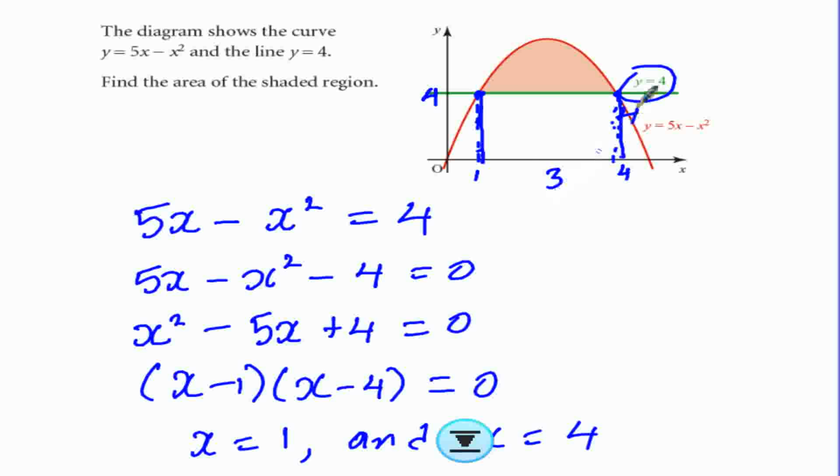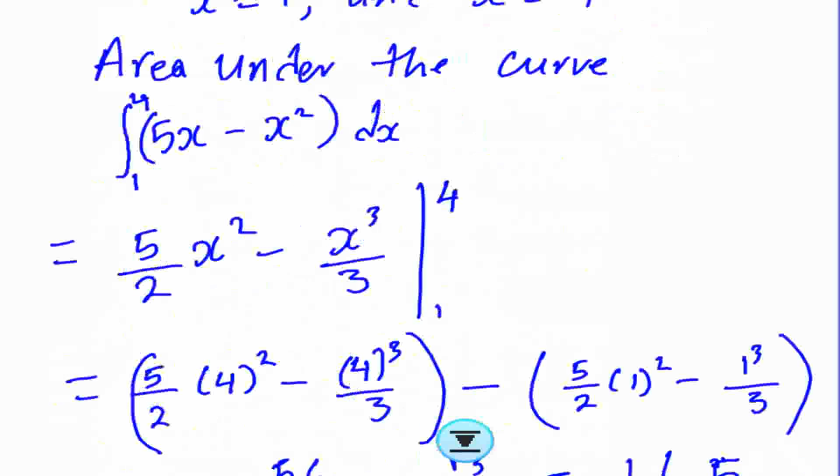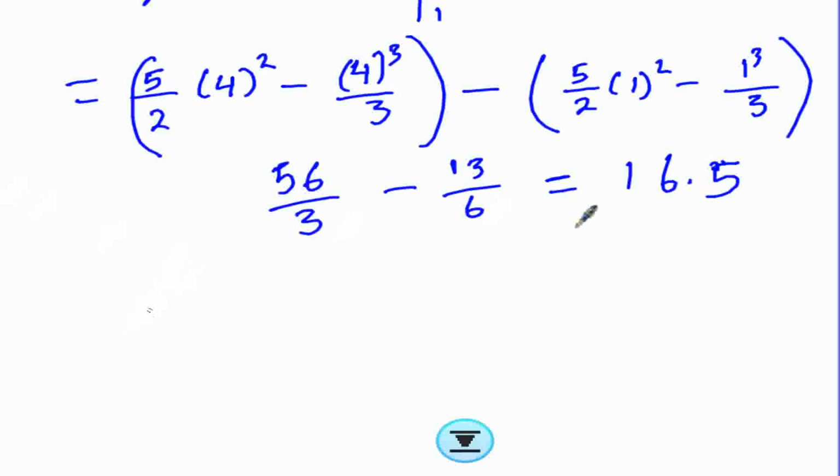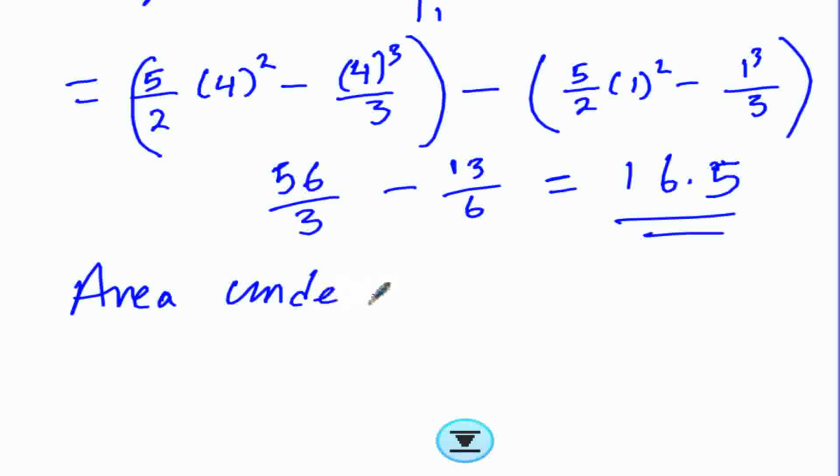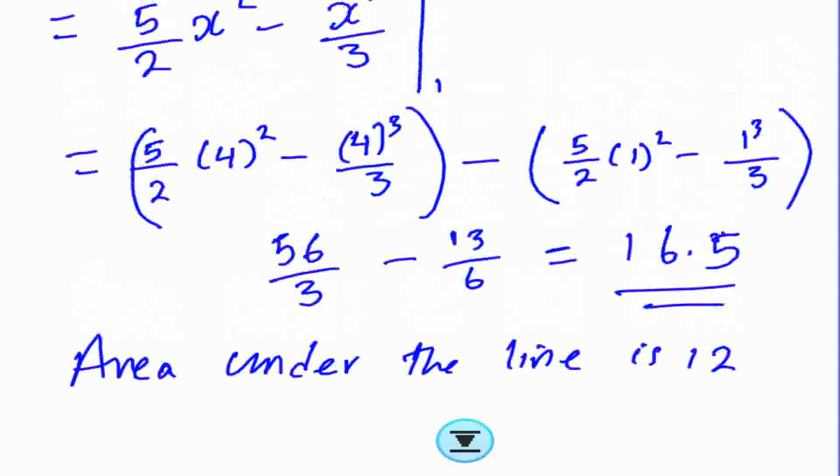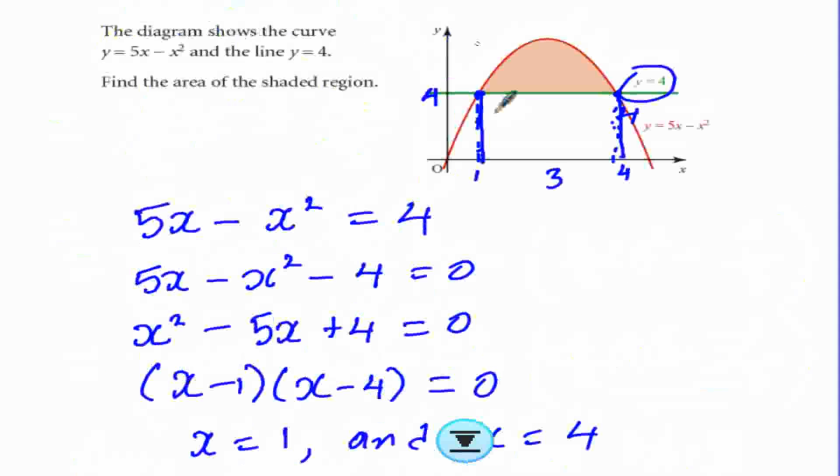So it is just 4 times 3, which is 12. So the area under the line is 12.